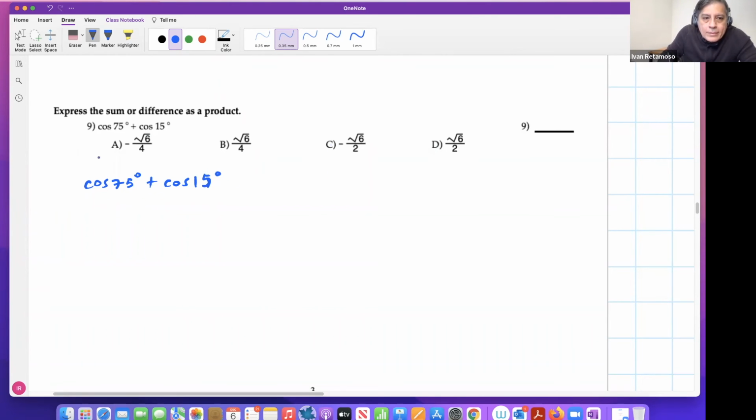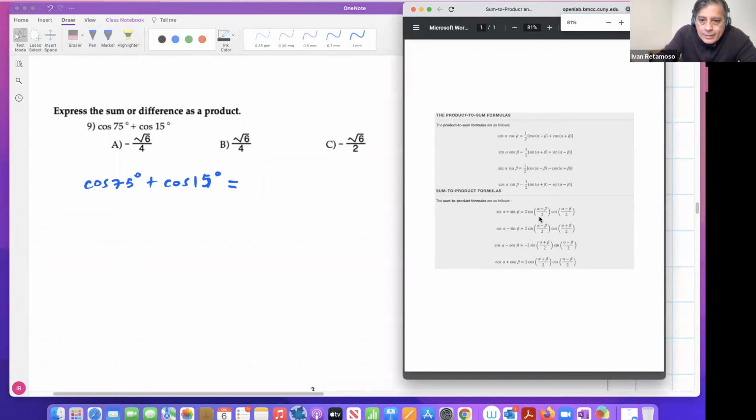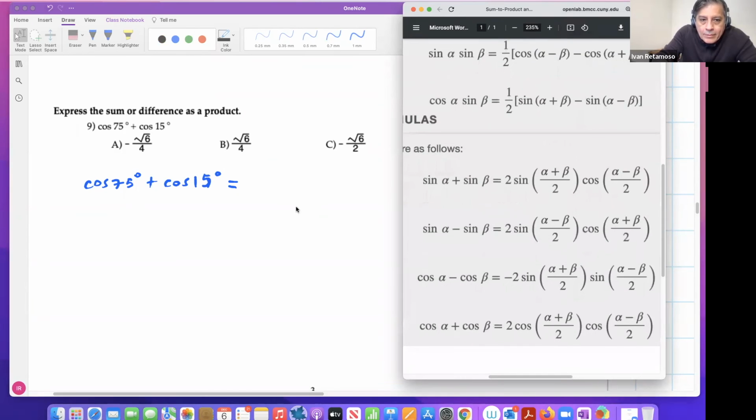All right, so suppose they say express the sum or difference as a product, right? Well, you follow the instructions and then you have to look at the set of formulas here. We are dealing with cosine plus cosine, so look for that. The last one, right? 2 cosine of alpha plus beta over 2 multiplied by cosine of alpha minus beta over 2, right? So the last formula, use that.